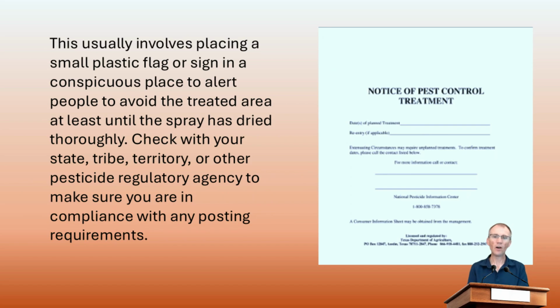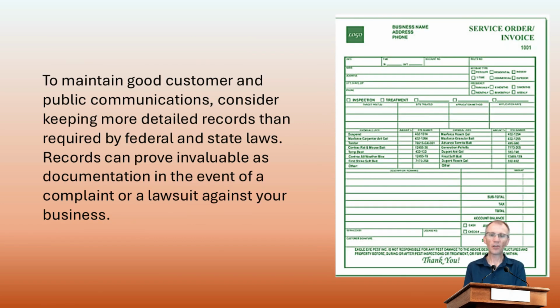This usually involves placing a small plastic flag or sign in a conspicuous place to alert people to avoid the treated area, at least until the spray is dried thoroughly. Check with your state, tribe, territory, or other pesticide regulatory agency to make sure you are in compliance with any posting requirements.